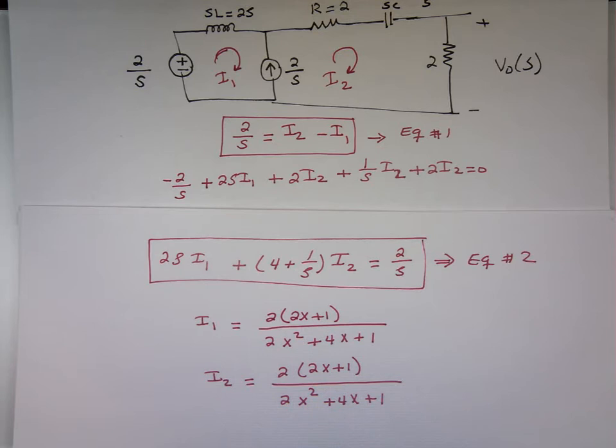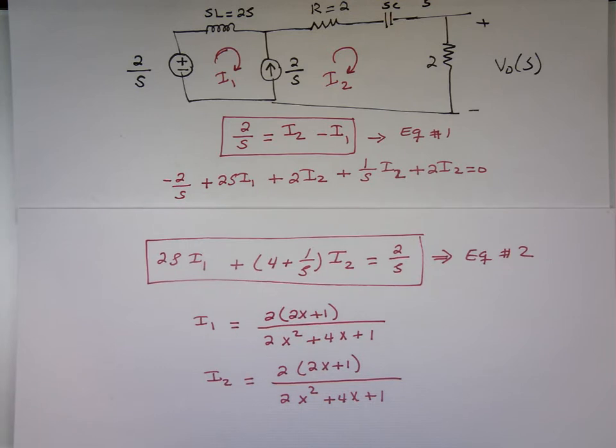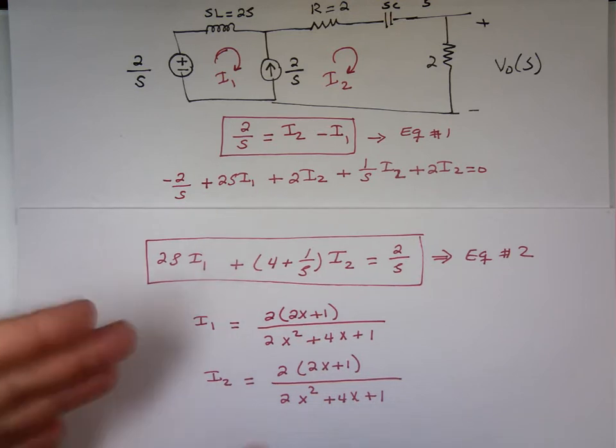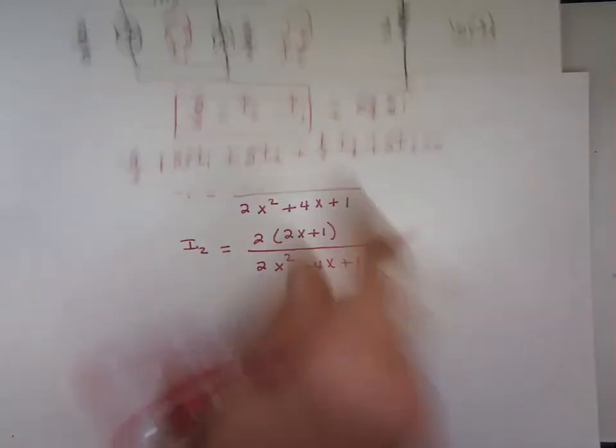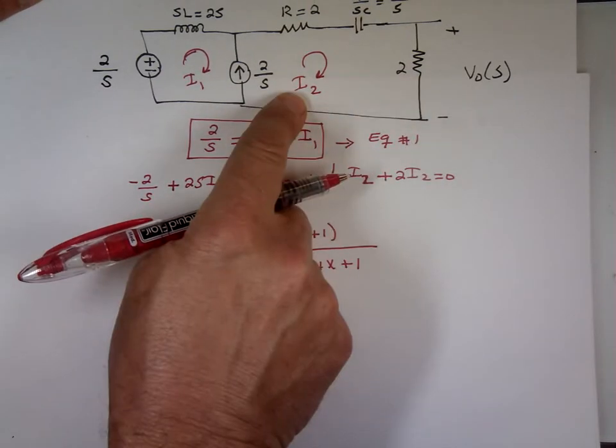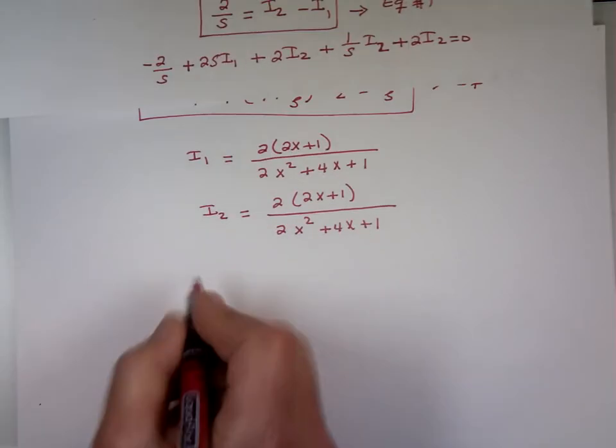So it's -1, and then I2 is 1, and the answer is 2. Assuming this is correct, V out as a function of S. Let's look at V out. Isn't that 2 times I sub 2? So I don't need to find what I sub 1.